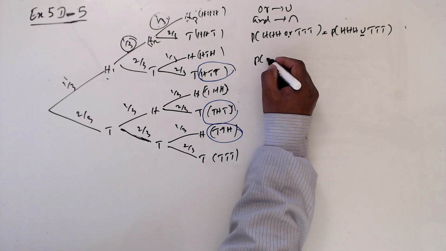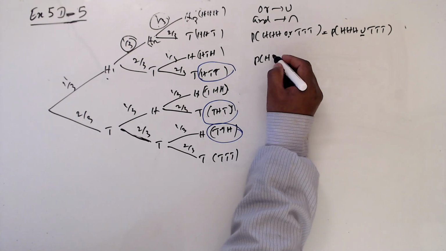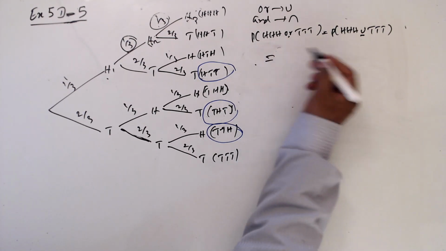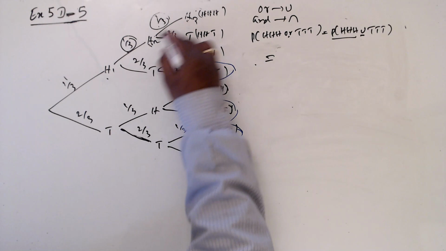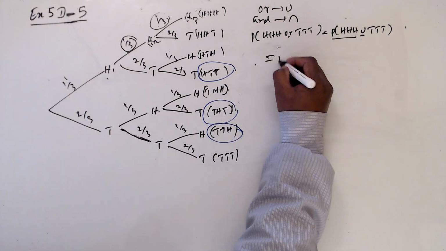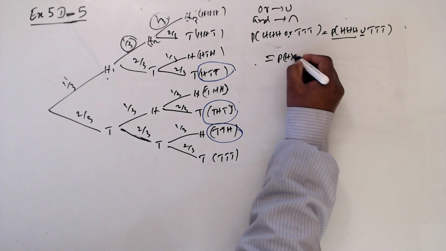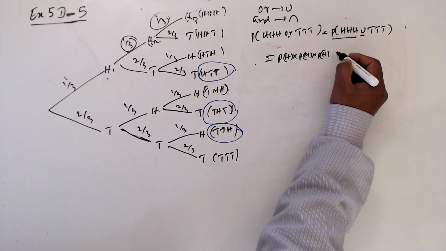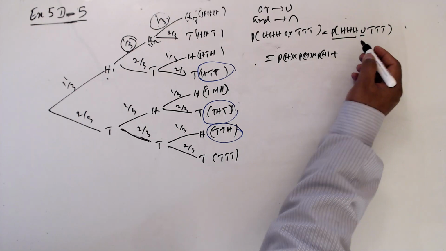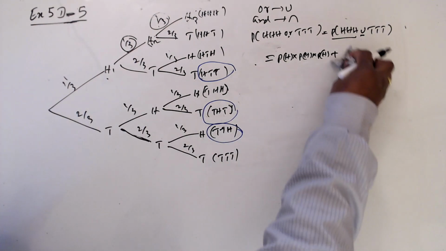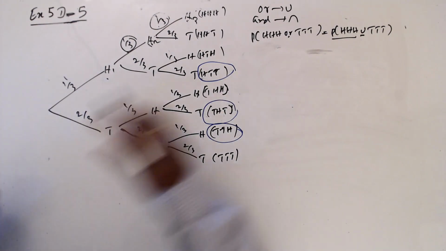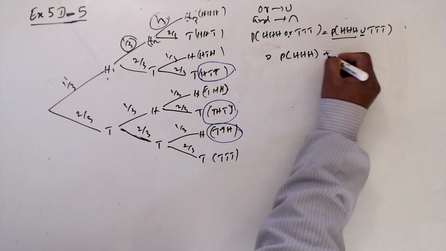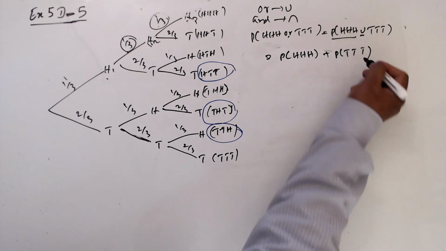Probability of H. Okay, I'll write this one: probability of head times probability of head times probability of head, plus probability of HHH plus probability of TTT.